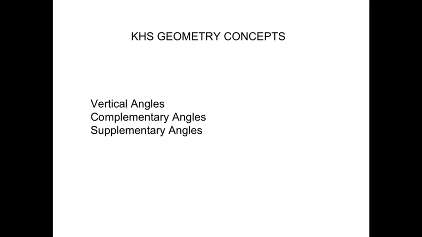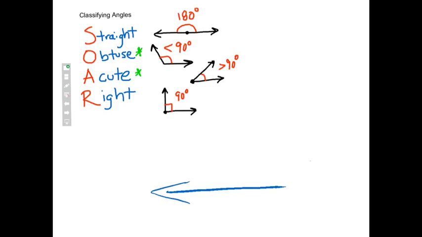So we're looking at vertical angles, complementary angles, and supplementary angles. You remember this from the other day? There it is, blown up for you. Let's erase this here. When we were talking just the other day, we gave you these 4 types of angles that we've been looking at.